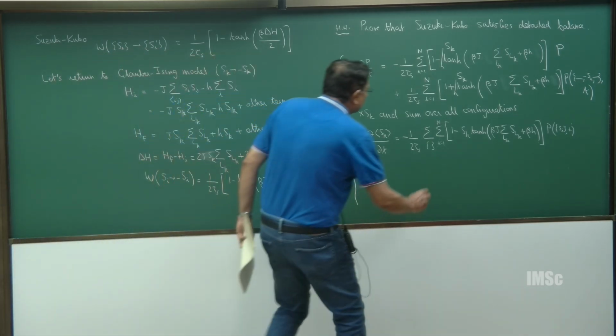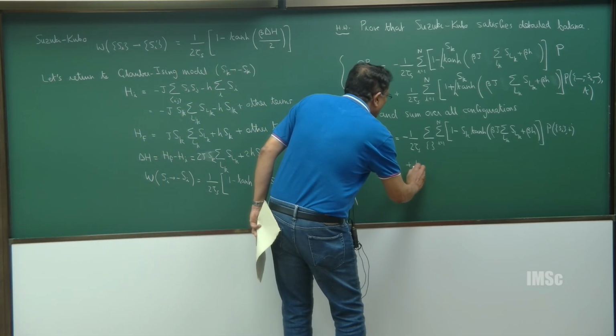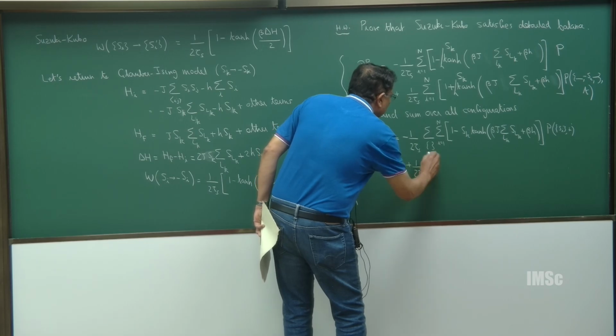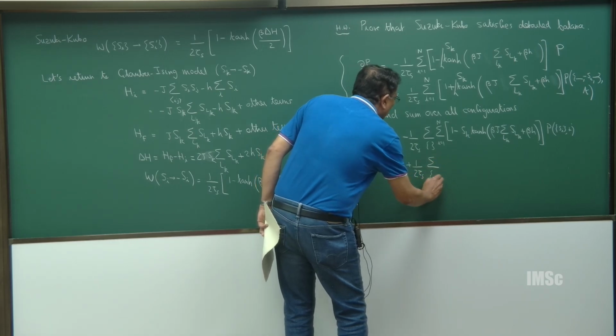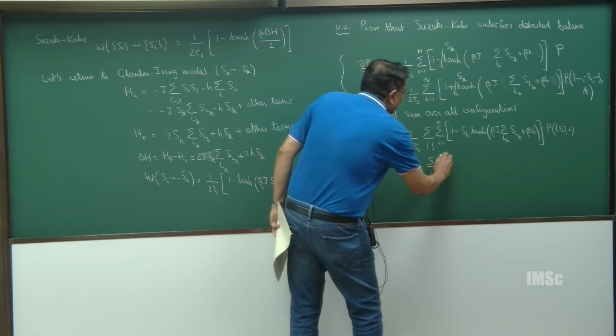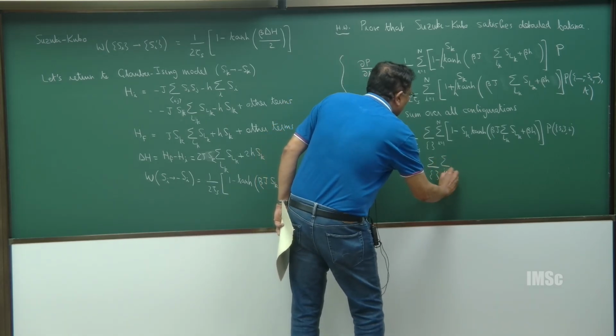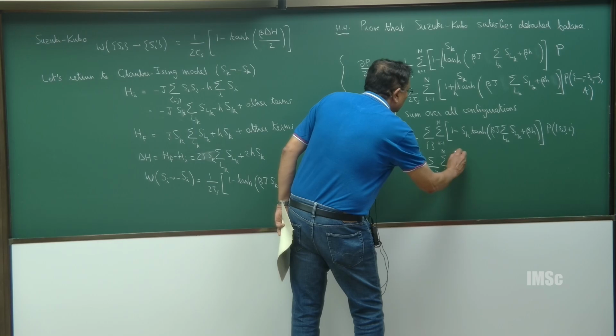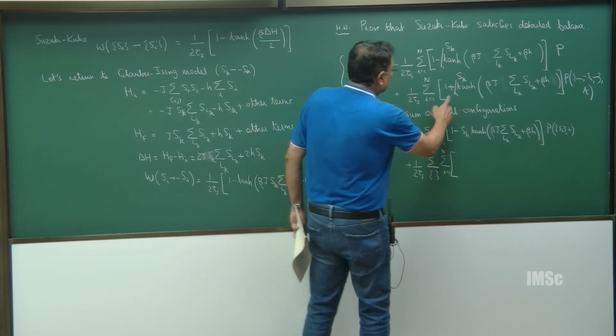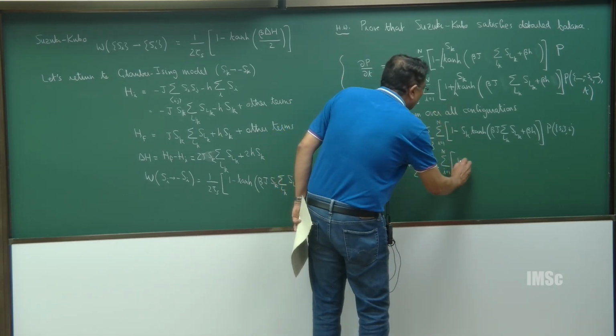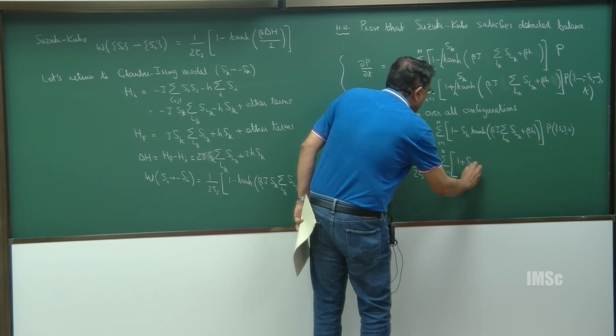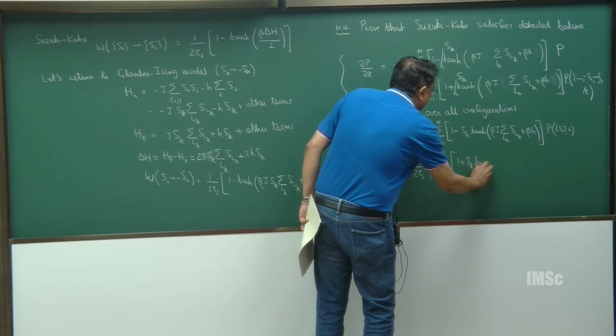And then the second term is plus 1 over 2 tau s, again a sum over all configurations, sum i equal to 1 to n, and the second term is simply 1 plus S_k tanh.